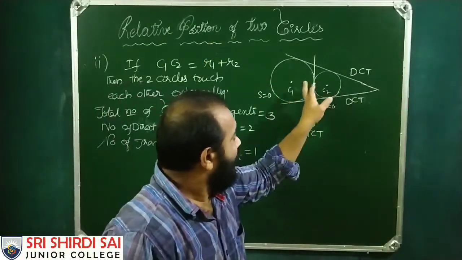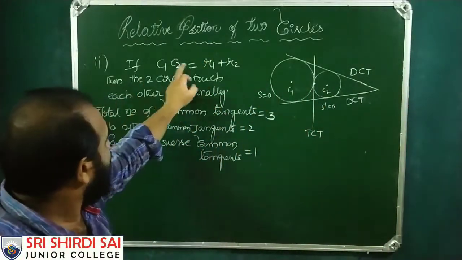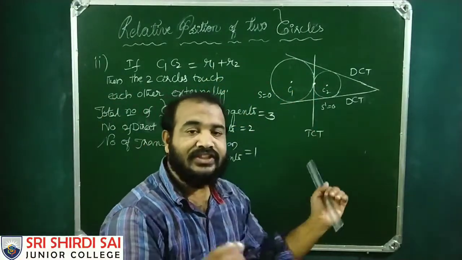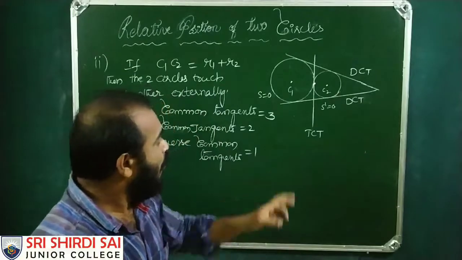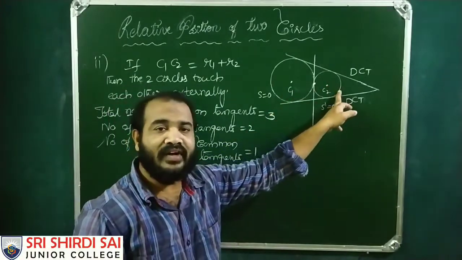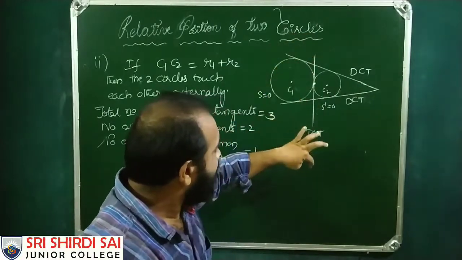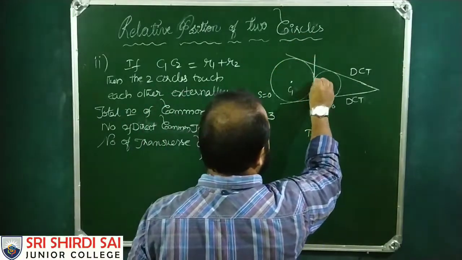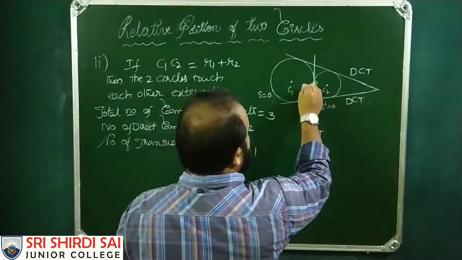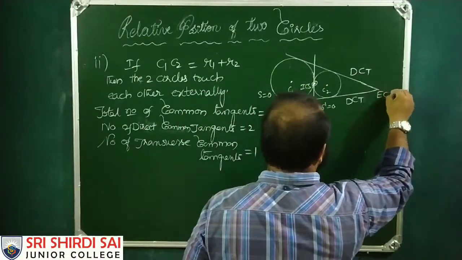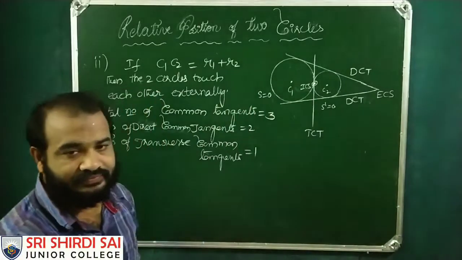Therefore, when C1 C2 is equal to R1 plus R2, the two circles touch each other externally. One circle lies completely outside the other. So here, what is this point of contact? This is the internal center of similitude, and this is the external center of similitude.